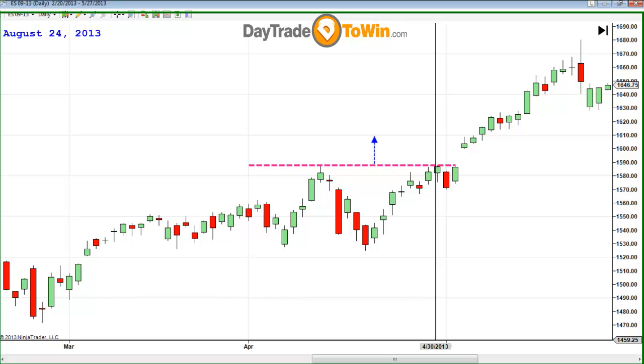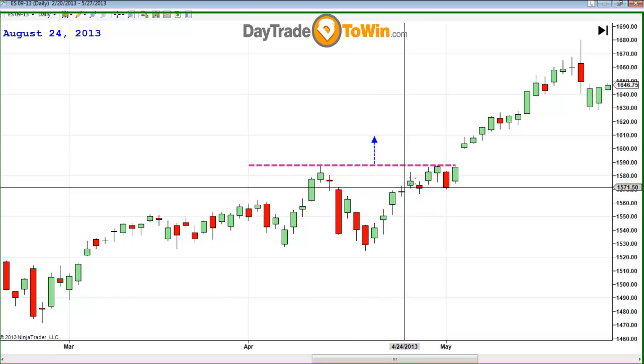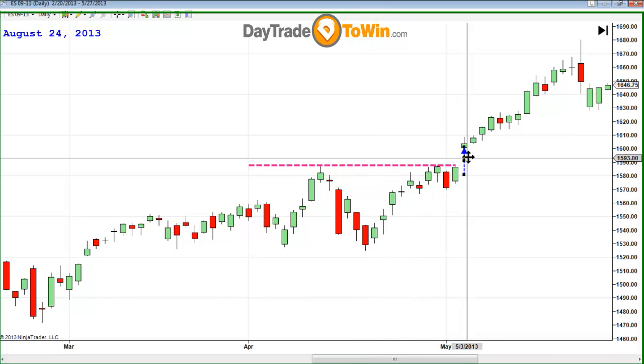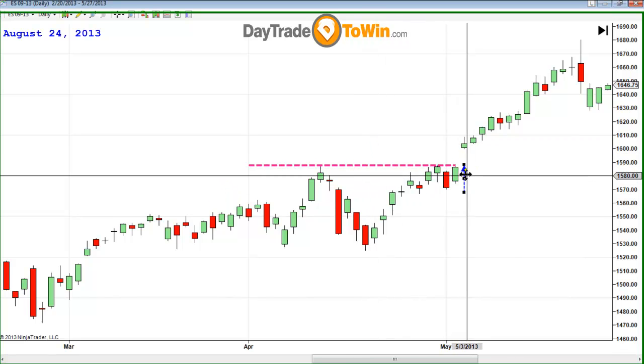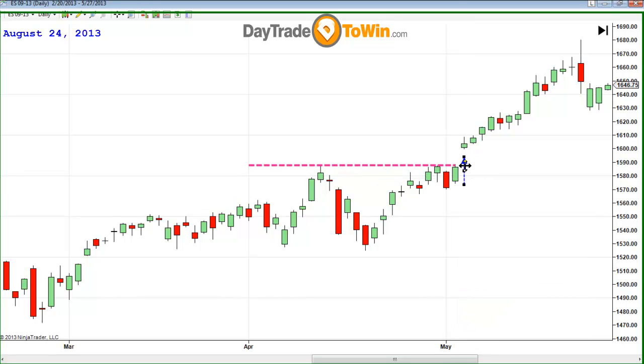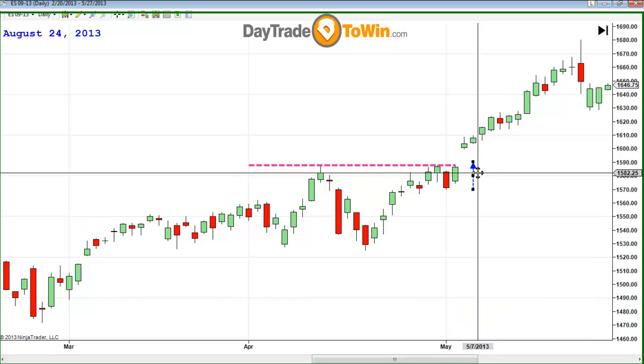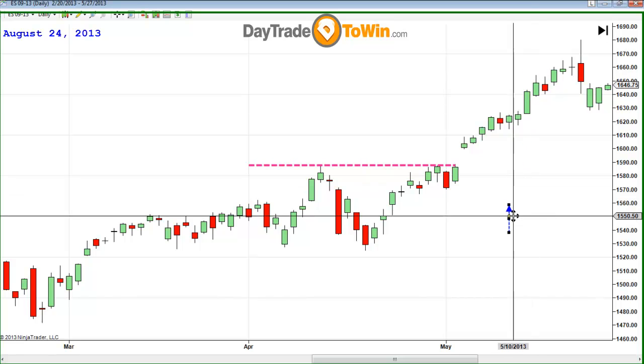Now, you don't have to go long for 20 points or 30 points, but expect a nice jump to the upside, right? As soon as the market broke January's highs, which happens to be right away within the first couple of days of February this year, the market just went straight up.